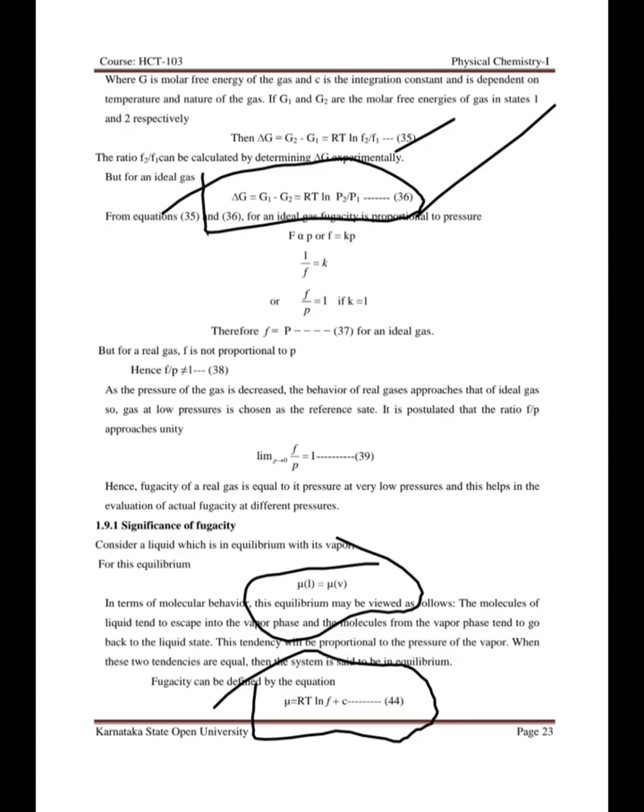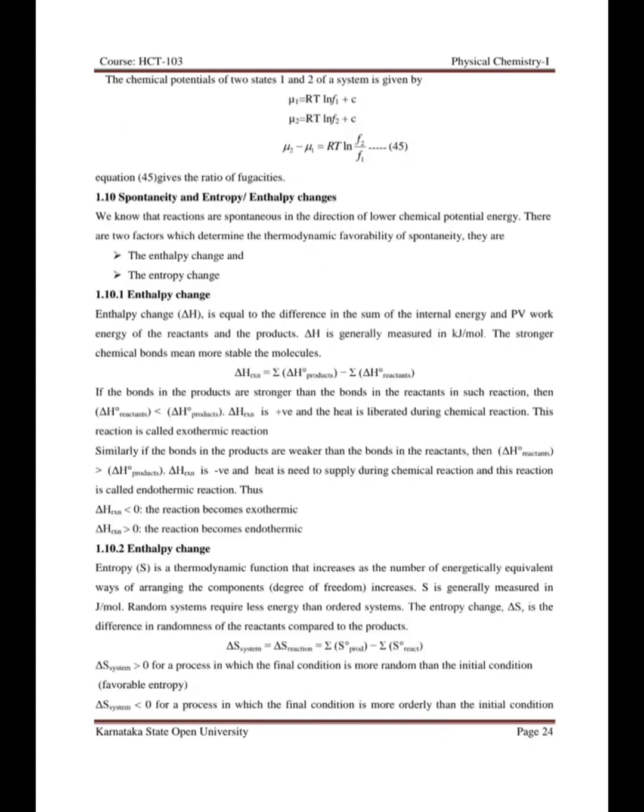So the chemical potential of the two states can also be calculated, from state 1 to state 2. So mu 1 and mu 2.